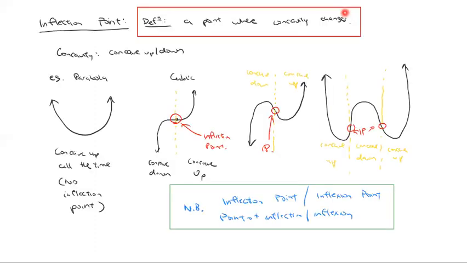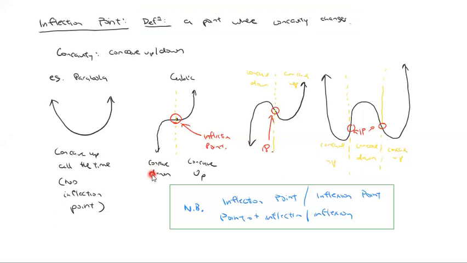What do I mean by where the concavity changes? Can we be more specific? Maybe my definition here wasn't clear enough, because a concavity could be changing but still remain concave up. So when I say a point where concavity changes, I mean a point where the concavity changes from concave up to concave down, or vice versa.